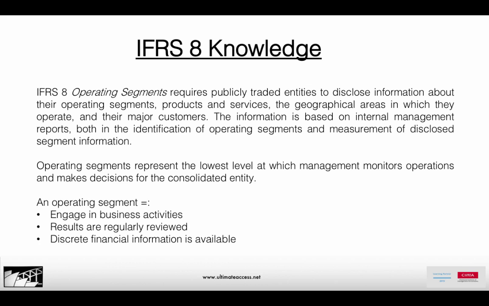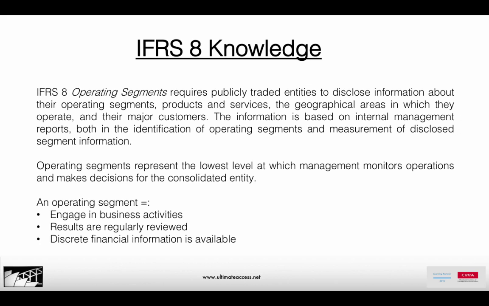How do we identify an operating segment? Firstly, we look at whether it engages in business activities. Can it earn revenue? Does it incur costs within its segment? And can they easily be separated as segment income and segment expense?